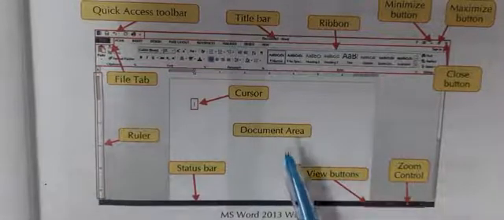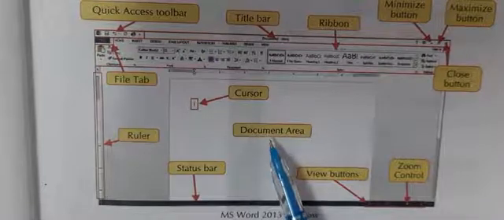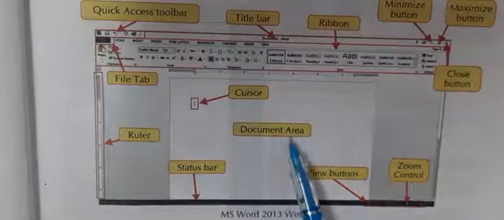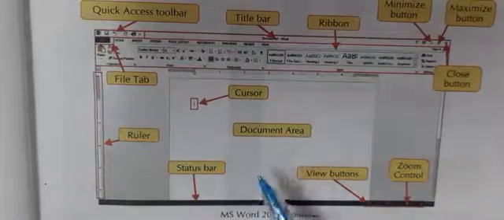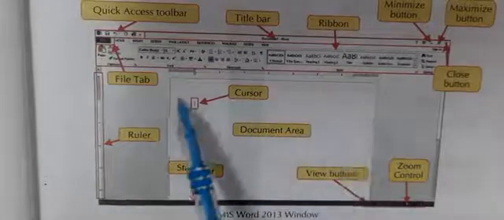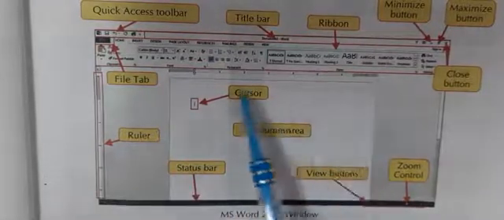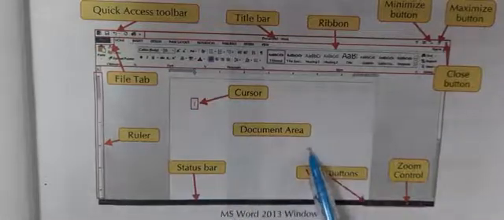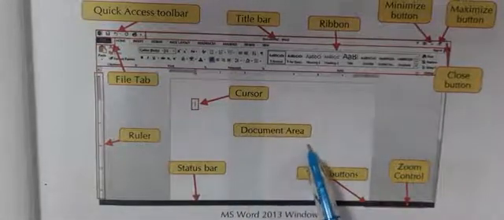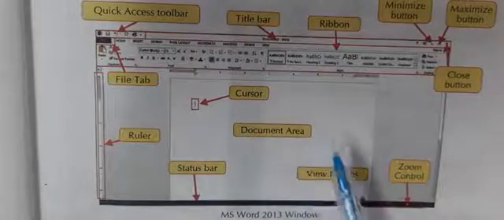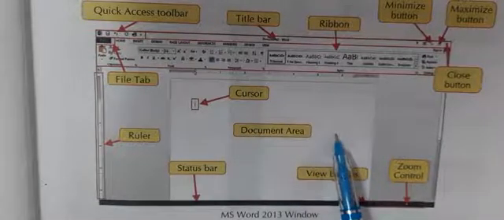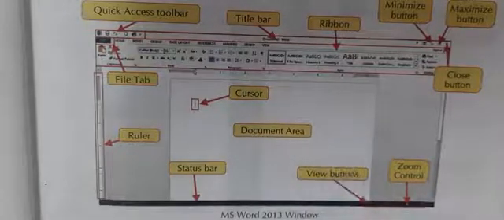Then the next component is the document area. A document area is the blank white space where we type and where we create the document. It is the working part of MS Word.